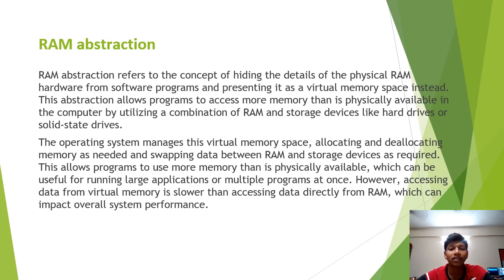The operating system manages this by allocating and deallocating memory as needed and swapping data between RAM and secondary storage devices. It allows programs to use more memory than normal. But there is a disadvantage: the performance of the system is slower than RAM.